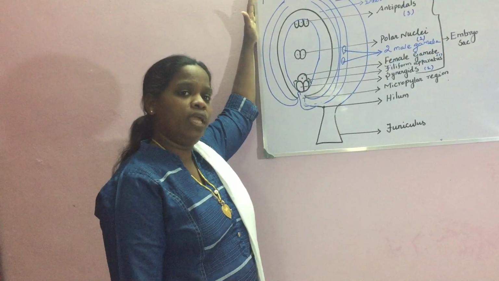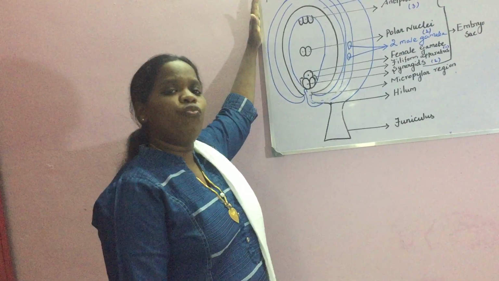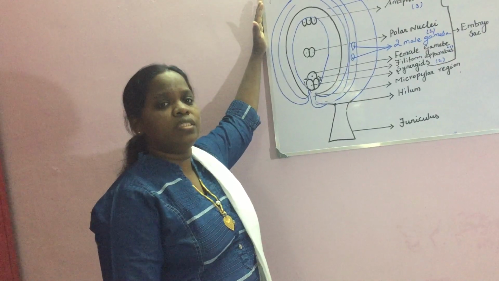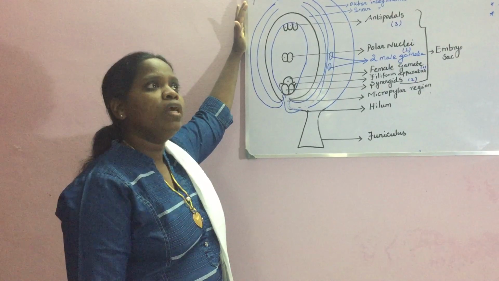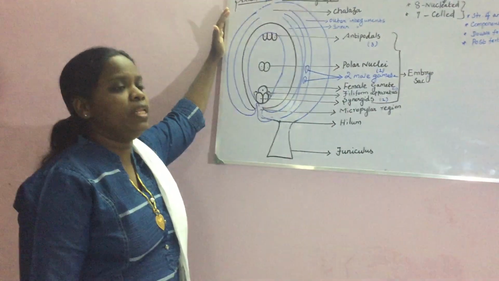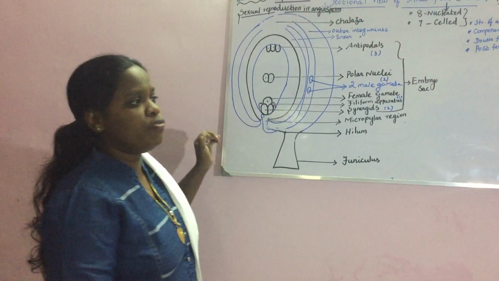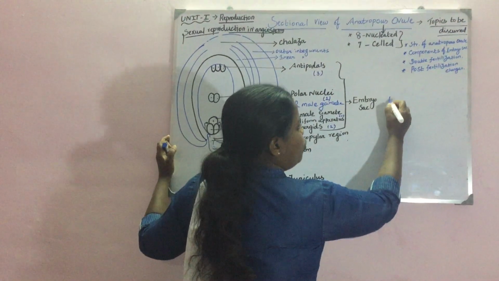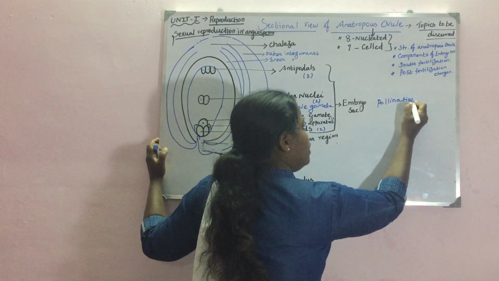Anther is the male reproductive organ, and ovary is the female reproductive organ of the plant. The first step of reproduction is pollination. Pollination means the transfer of pollen grains.